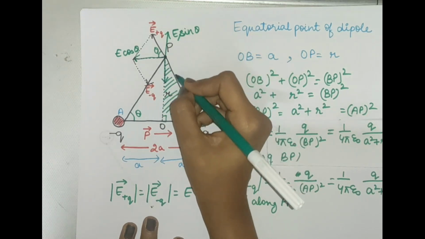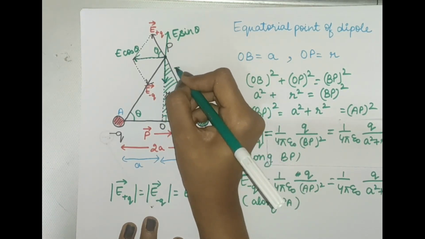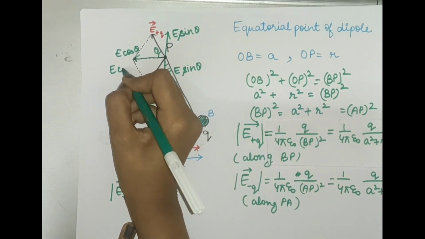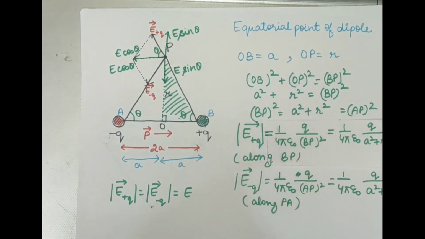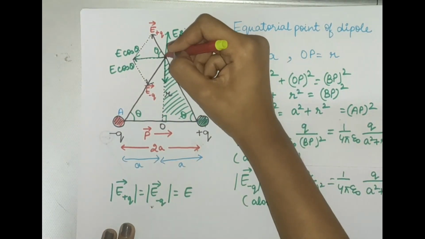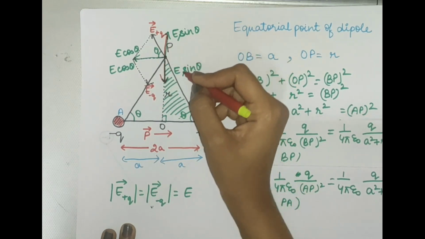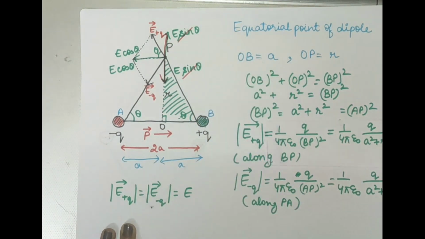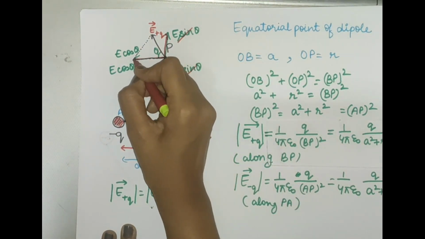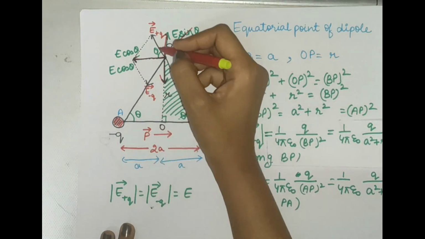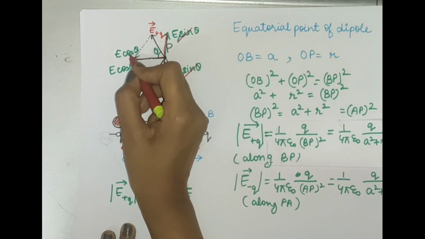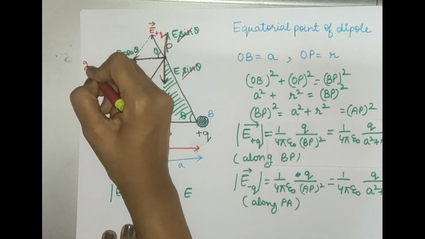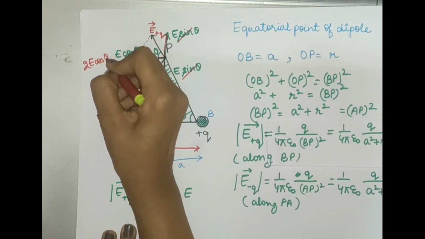Again, since the magnitude is same, the downward component would also be E sine theta, and along the base it would be E cos theta. Now dear students, see, these two perpendicular components are equal in magnitude but opposite in direction, so they'll cancel out each other. However, these base components, both of them are equal to E cos theta, and they are in the same direction, so they'll add up, giving us a total of 2E cos theta.